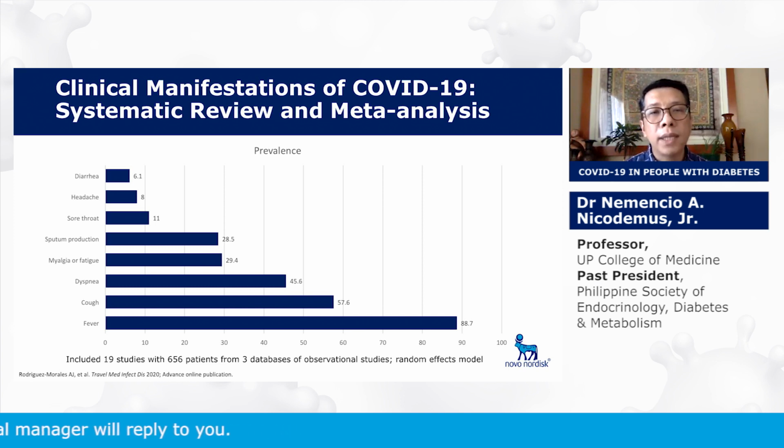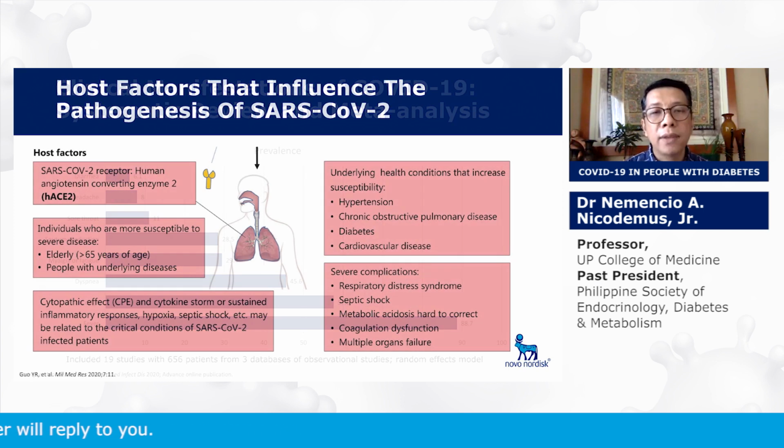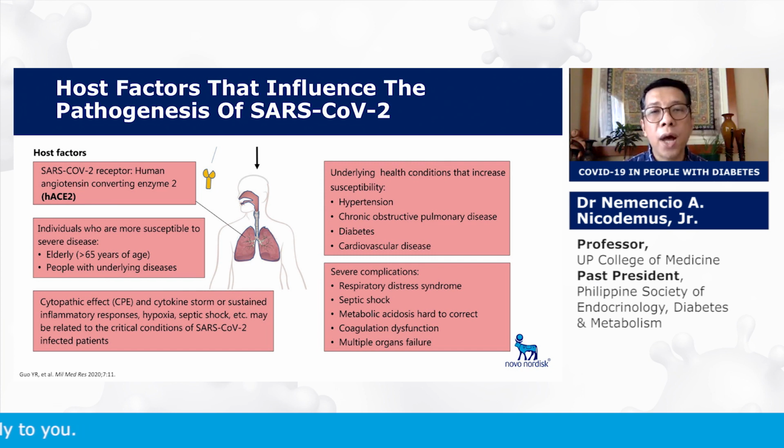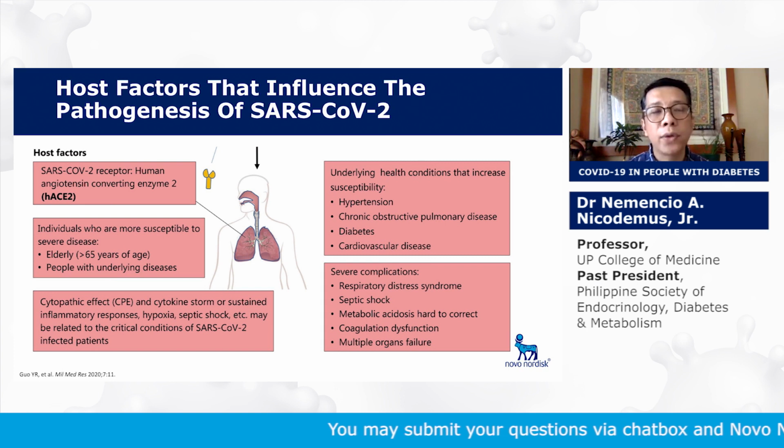Aside from the virus, however, there are important factors found in humans that influence the pathogenesis of SARS-CoV-2. And first and foremost of this is the presence of the receptor, the ACE2, which now allows the entry of the SARS-CoV-2 virus inside human cells.